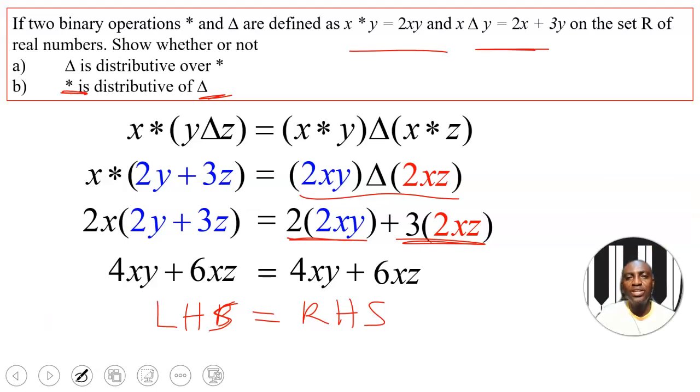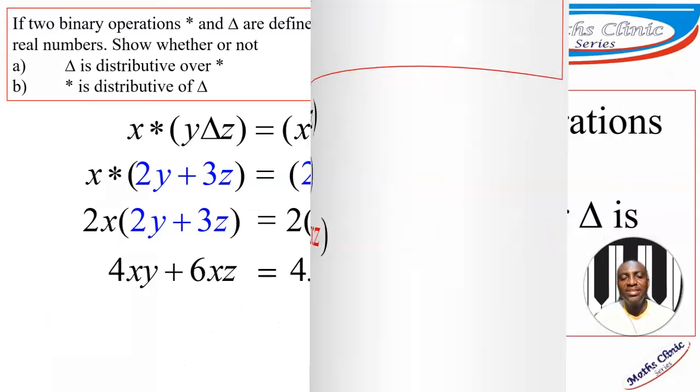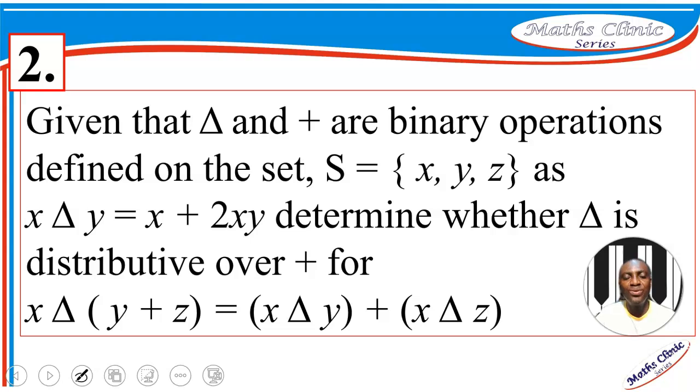To conclude, I will give you one assignment to do. Try your hand on this. Given that operation triangle and operation addition symbol, and here it's not just plus, it's a symbol, are binary operations defined on a set.